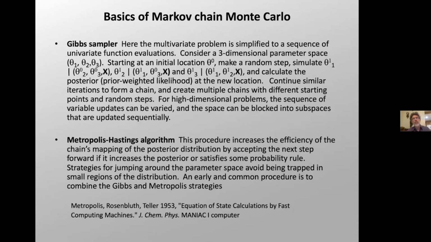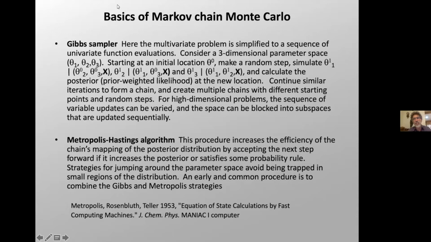Now let's see what they're actually doing with this mathematical foundation. One of them is called the Gibbs sampler. It doesn't seem to have anything to do with Gibbs, but whatever. This one's from the 1950s. The issue sometimes is that you have all these dimensions, and how do you jump around in so many dimensions?